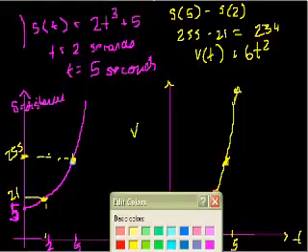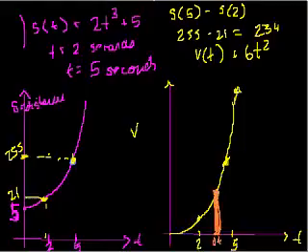And then I sum up all of those rectangles, and I'll get a pretty good approximation for how far I've traveled between 2 and 5 seconds, right? Because remember, the area of each of these rectangles represents how far I traveled in that little amount of time dt, right?